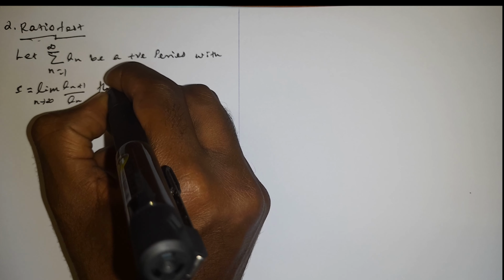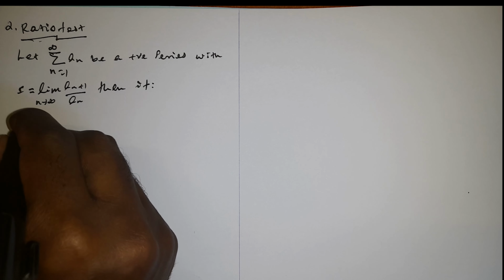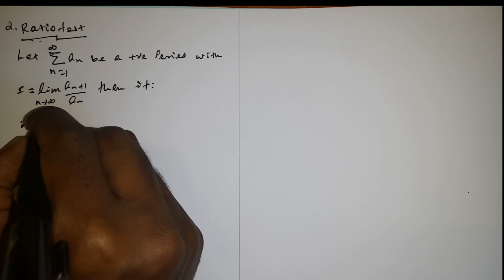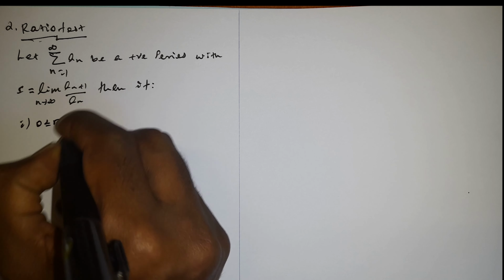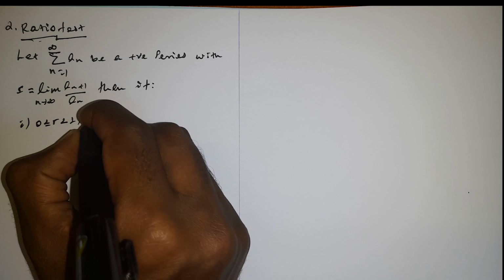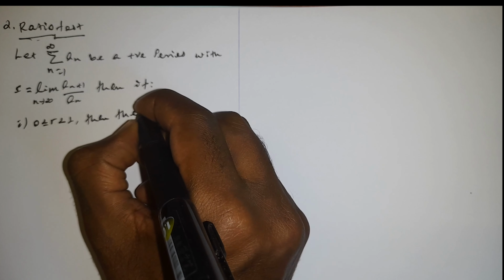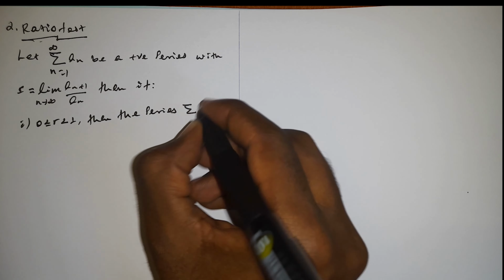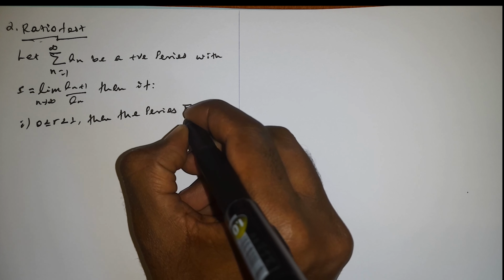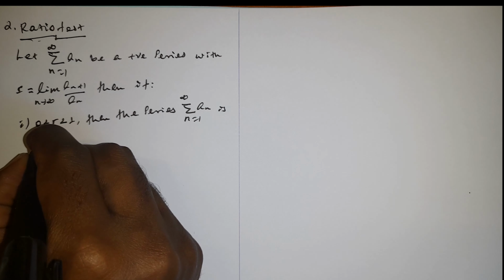Then if 0 is less than or equal to r is less than 1, then the series summation of an as n runs from 1 to infinity is convergent.